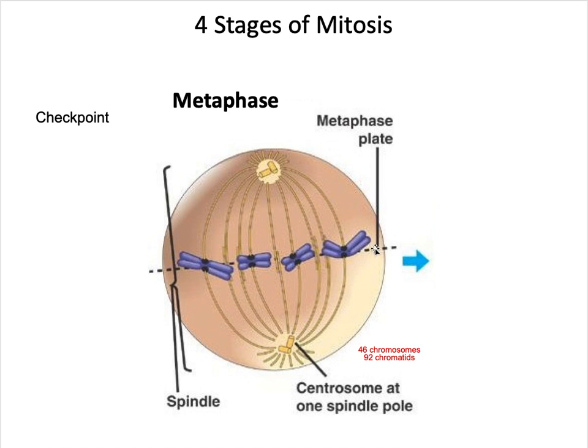So these chromosomes are aligned on an imaginary line called the metaphase plate. But you didn't do anything to the number of chromosomes or chromatids. You're just moving them around. So in metaphase, for us humans, you have 46 chromosomes and 92 chromatids, the same as prophase.